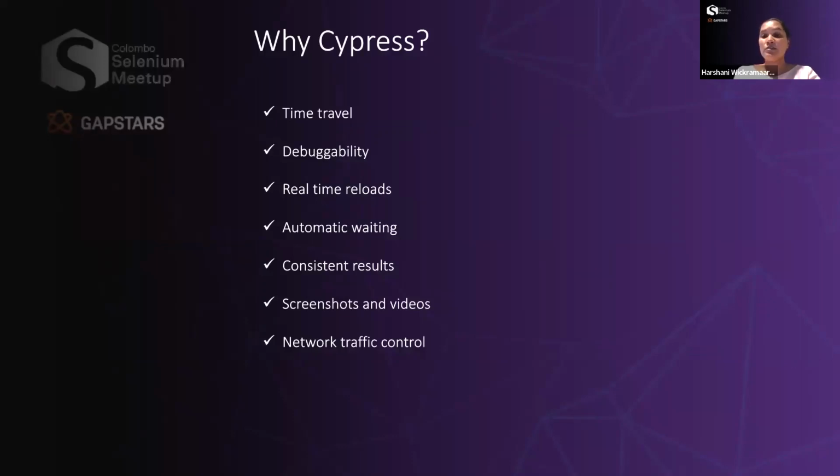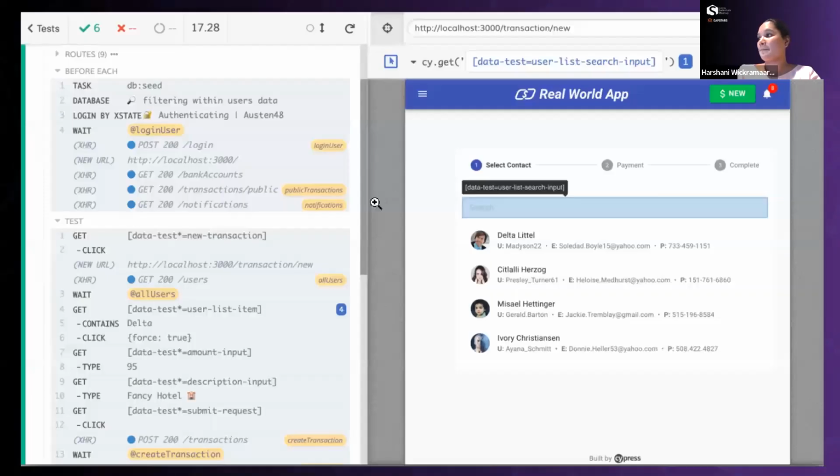So it's really easy to test these scenarios with Cypress. So these are the special features that are available in Cypress. Let's see how we can utilize them in our end-to-end test. So let's jump into the demonstration.